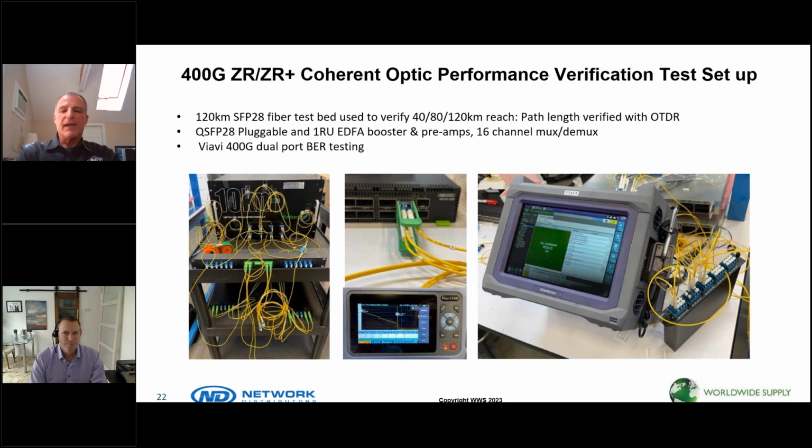We verified those lengths using OTDR so we know exactly what they are. We have both pluggable QSFP28 amps and 1RU EDFA booster and preamp line racks. We also have 8-channel and 16-channel muxes and demuxes in the lab. To top it all off, we have an expensive Viavi 400 gig dual port BER tester that's used to generate the traffic and do the BER measurements. That's our test setup.